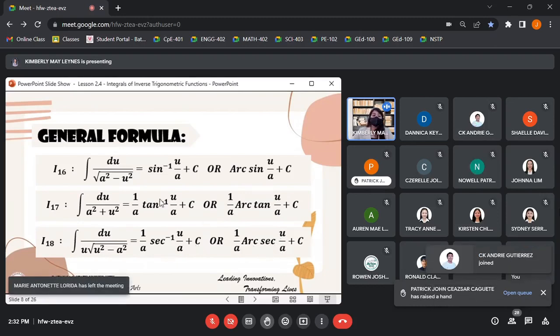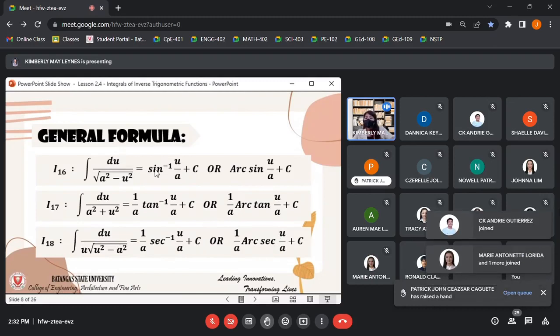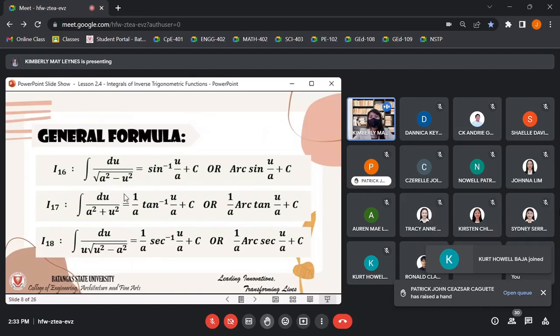So sabi nga po natin, ang kailangan lang nating i-take note para ma-apply yung mga formula na to is, una, kukunin natin yung u squared. So kung i-observe natin sa tatlong formula, lahat ng u squared nasa denominator. Okay, alin ba ang u squared natin? It is the term in the denominator containing our variable.